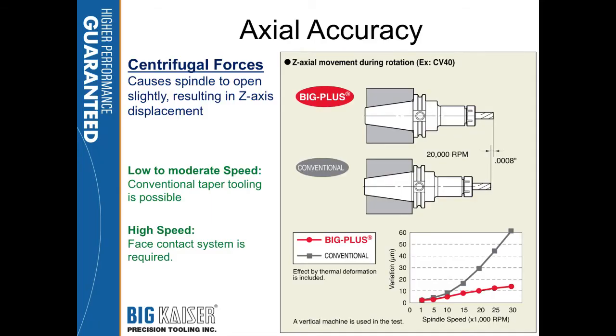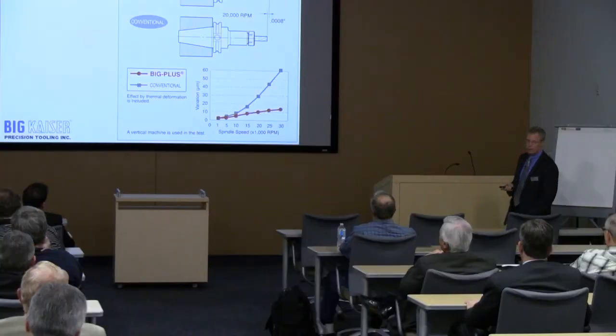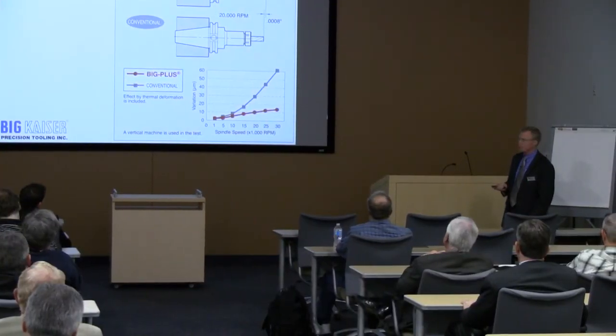Here's an example with Big Plus versus conventional to illustrate that. At 5,000 RPM, the dual contact and the standard Cat 40 behave nearly the same. There's almost no deformation due to high speed. As I start ramping up the speed to 15,000 RPM, dual contact prevents the tool from pulling in deeper.